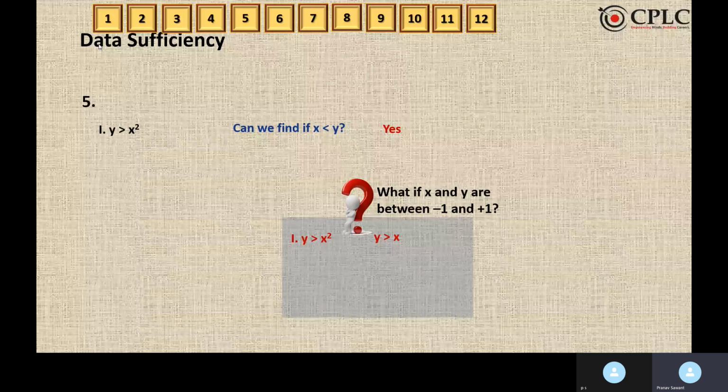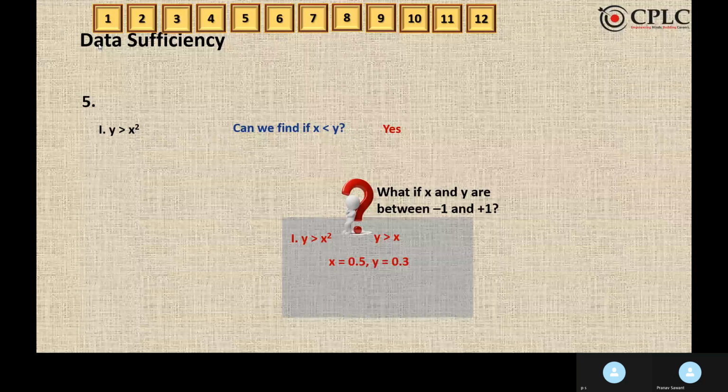But what if the values of x and y are between -1 and +1? If the values are 0.5, 0.2, 0.3, then this won't follow. So if we take values between -1 and +1, this will not follow.